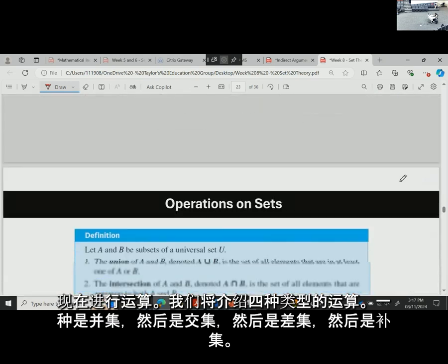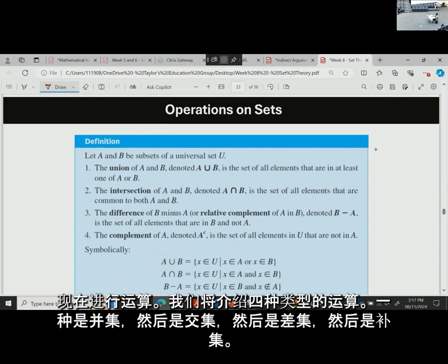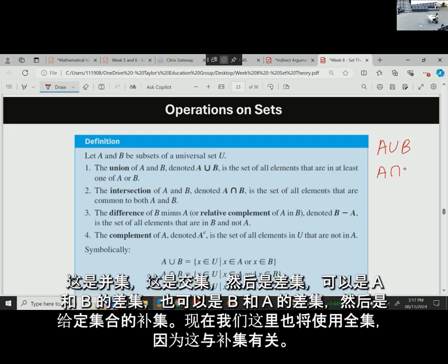Now operations. Four types of operations we will cover. One is union, then intersection, then difference, and then complement. This is for union, this is for intersection, then difference of, it could be difference of A and B, or difference of B and A, and then complement of a given set.